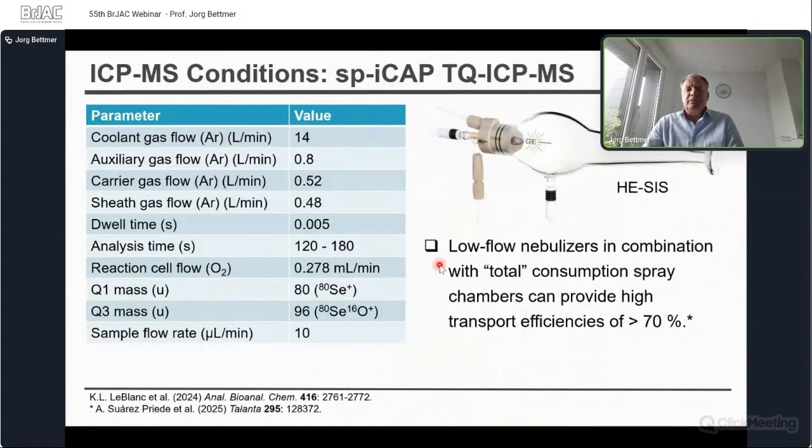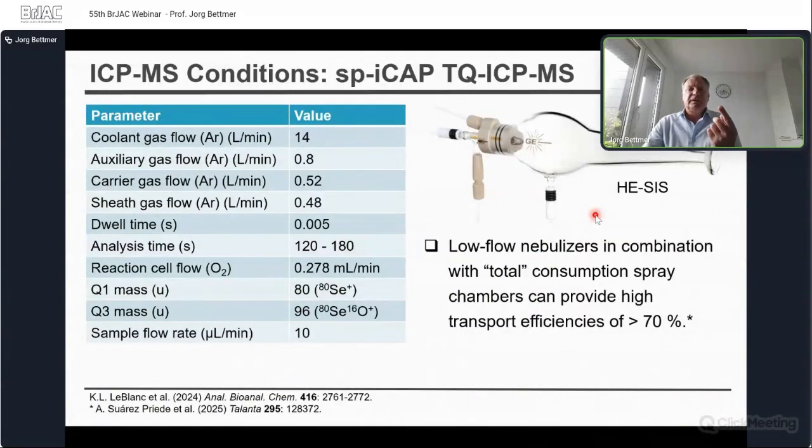So we switched completely, now in our laboratory, to low flow nebulizers in combination with so-called total consumption spray chambers, which are not working at 100%, but they can provide very high transport efficiencies of more than 70%. If you're interested in more information about this, last year we have published a comparison for different systems of these low flow nebulizers with different spray chambers, and we see two tendencies basically.